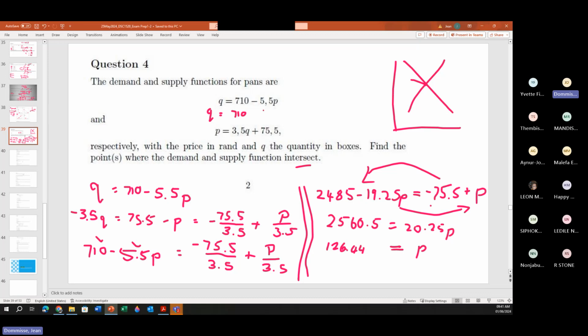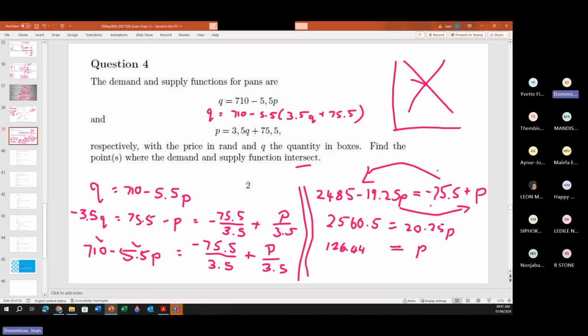So you could have said the P there, so 5.5 times the P, because that is basically nearly the same that happened in this instance. You could have done exactly the same.